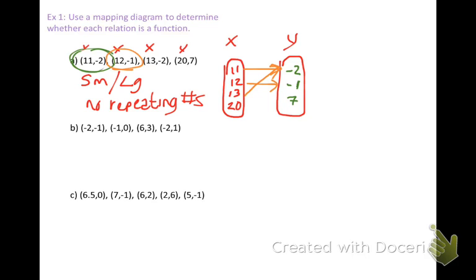And then 20 to 7. Now, to say if it's a function or not, I'm going to look at the X box and see if each number has only one line attached. Well, 11 has only one line attached, 12 only has one line attached, 13 has only one line attached, and 20 does. So since each has only one line attached, it's a function.